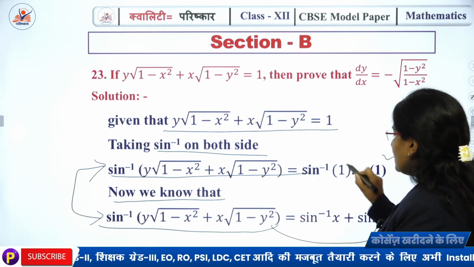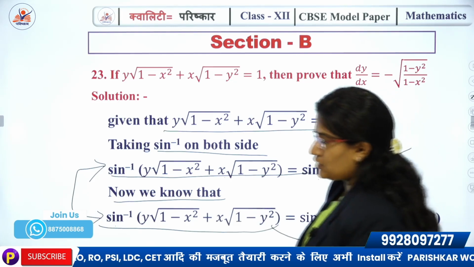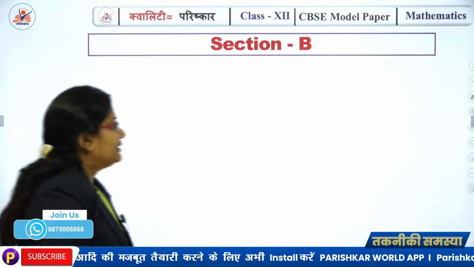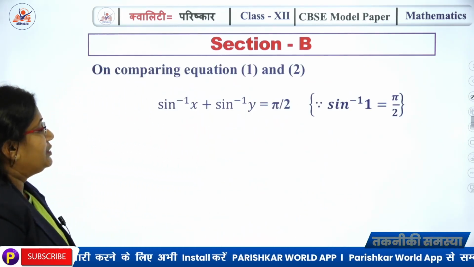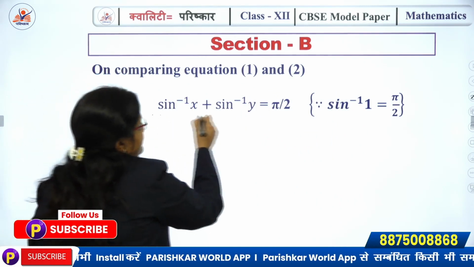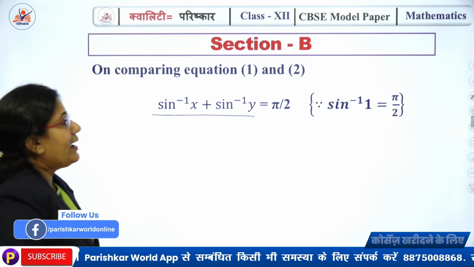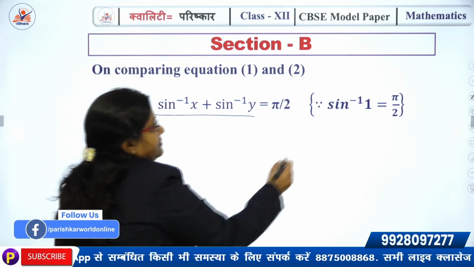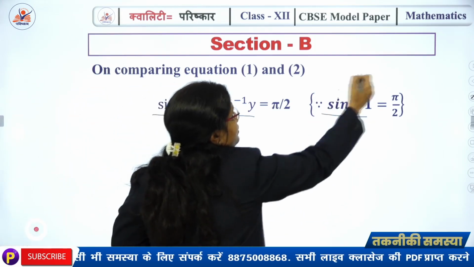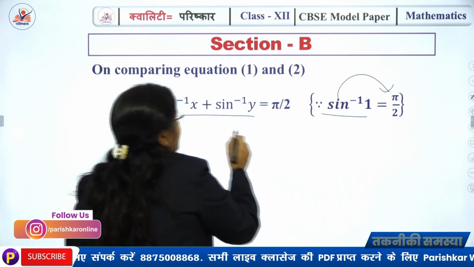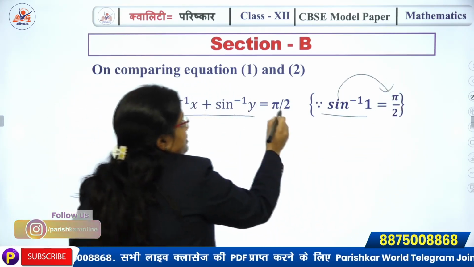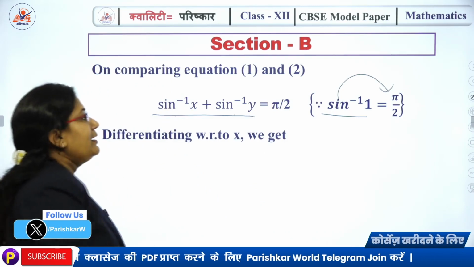So both the RHS parts will be equal. Comparing equations 1 and 2, we have sine inverse x plus sine inverse y, which is the RHS of equation number 2, and the RHS of equation number 1 is sine inverse 1. And the value of sine inverse 1 is equal to pi by 2. Then the value of sine inverse x plus sine inverse y is equal to pi by 2.